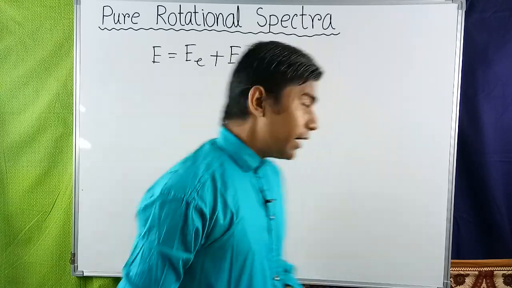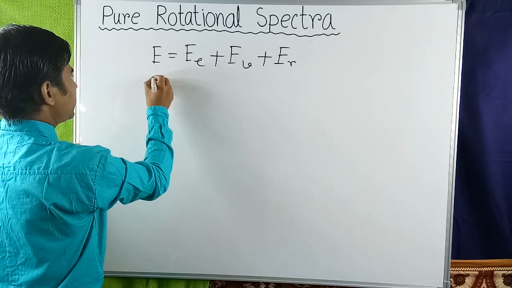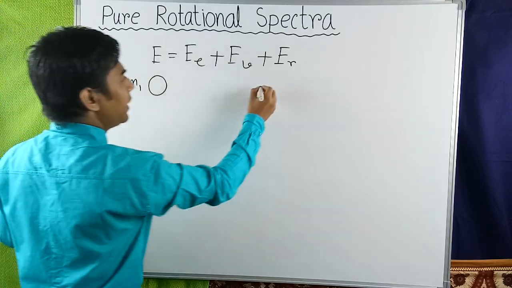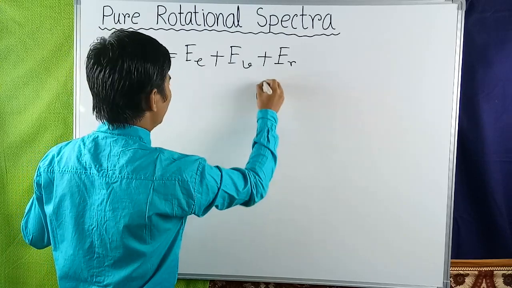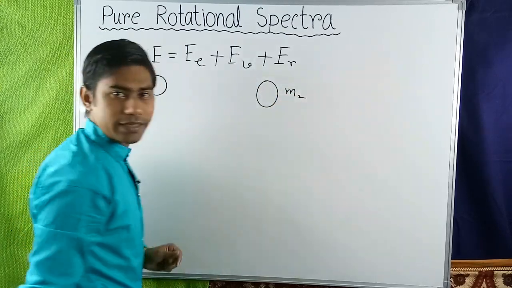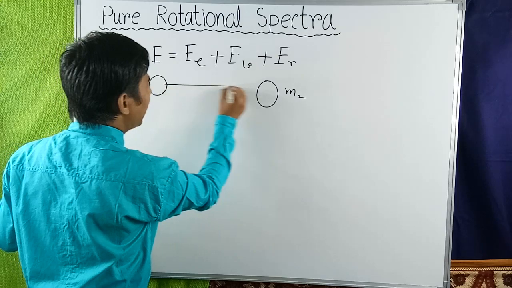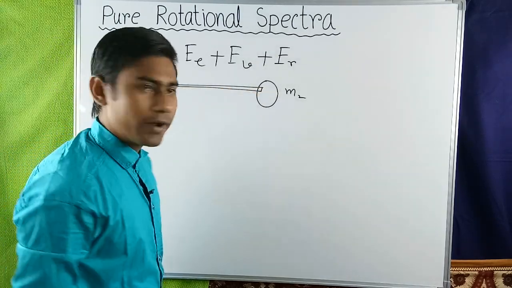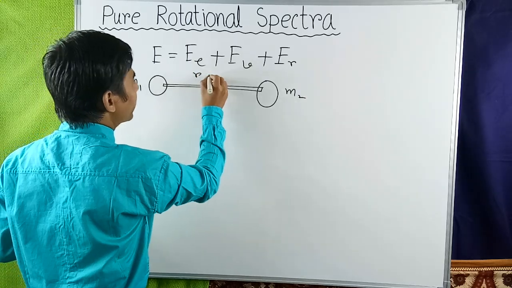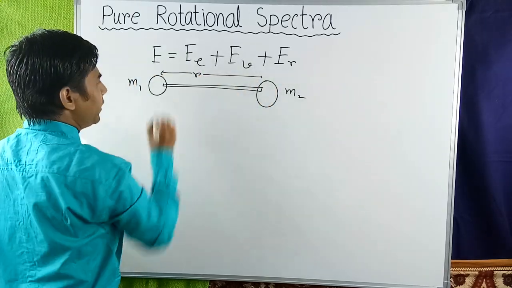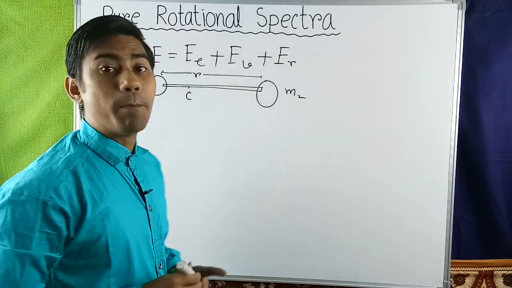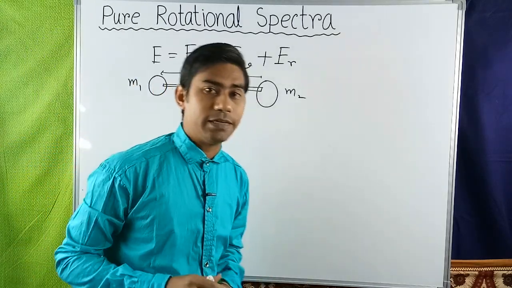Now suppose this is an atom of mass m1 and this is the atom of mass m2, and they are joined together by a rigid bar of length r. Now let C be the center of mass of the composite system.